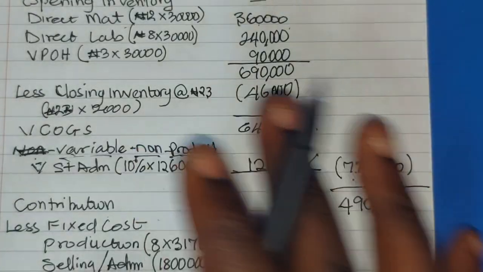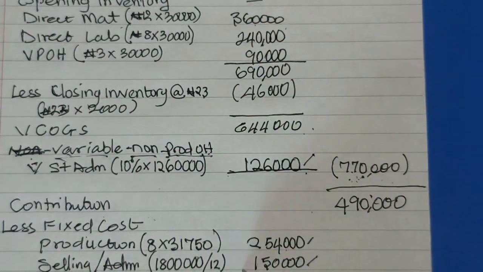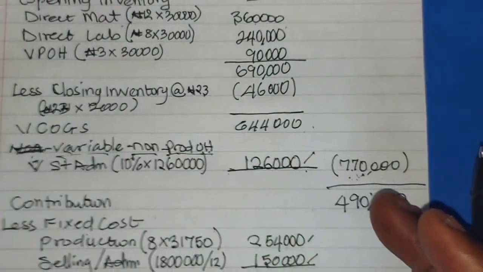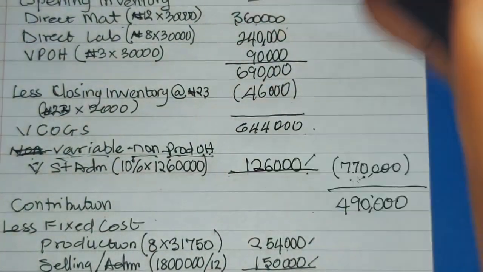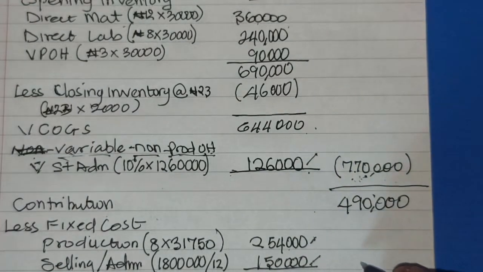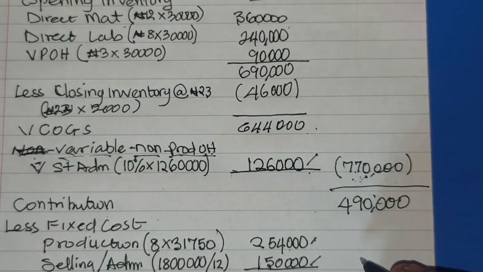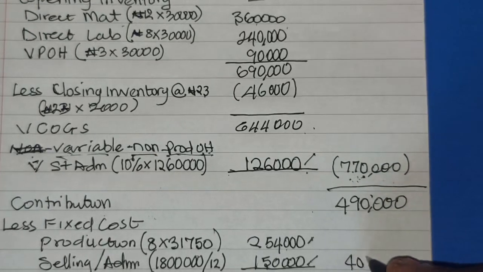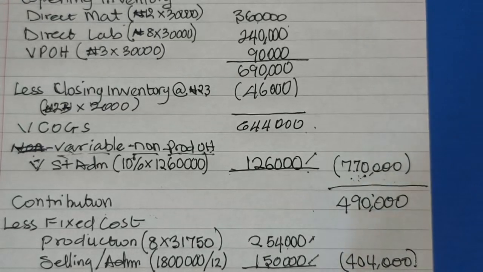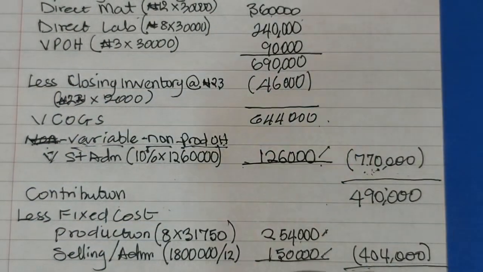Are you with me? We don't use anything absorbed here. So marginal costing treats fixed cost as a period cost, not as part of the product cost. When you add this together, it's going to give you 404,000. So when you subtract, you are going to have a profit.